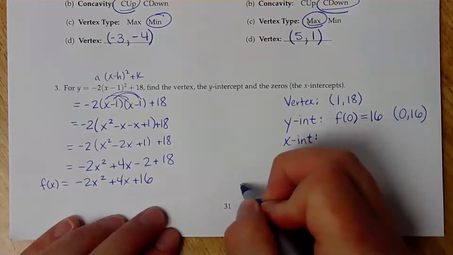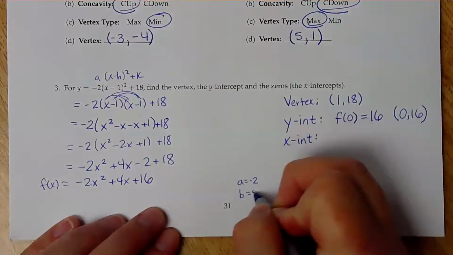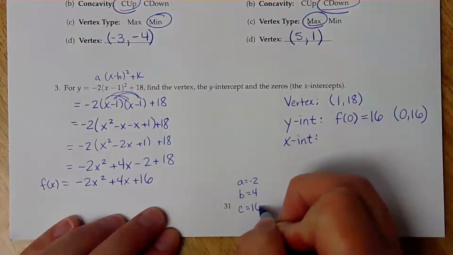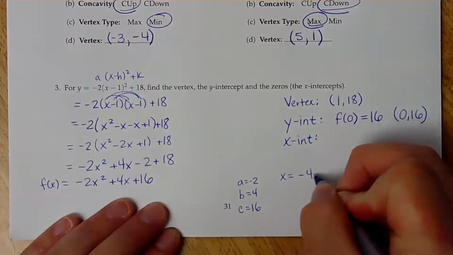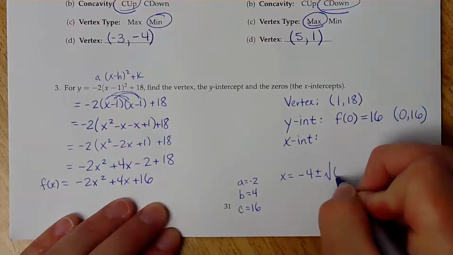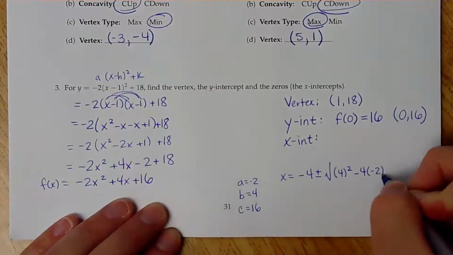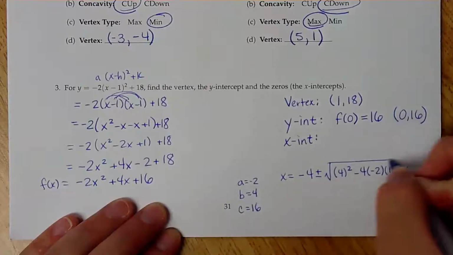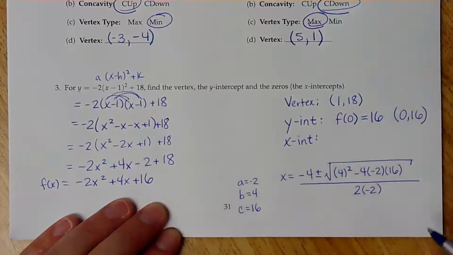So if you're doing the quadratic formula, your a is -2, your b is 4, and your c is 16. So you have x is equal to -4 plus or minus the square root of 4 squared minus 4 times -2 times 16, all of that over 2 times -2.